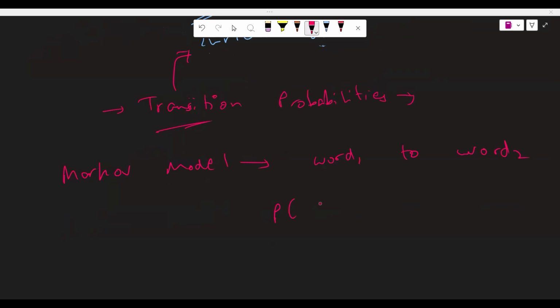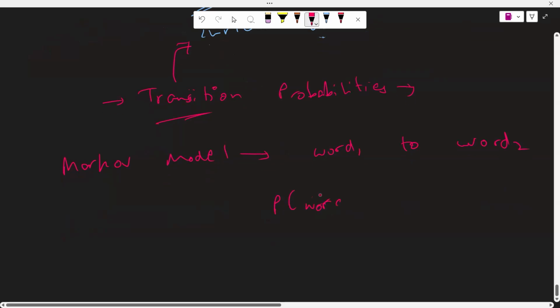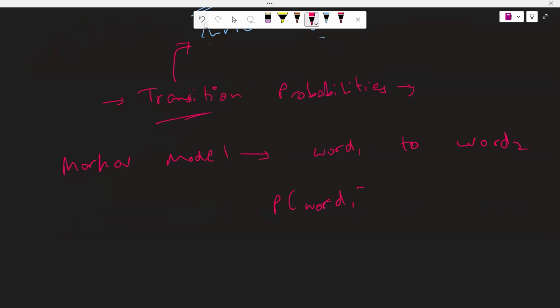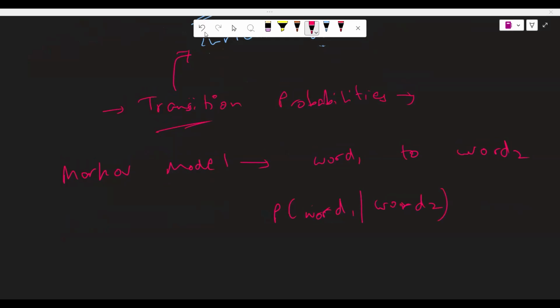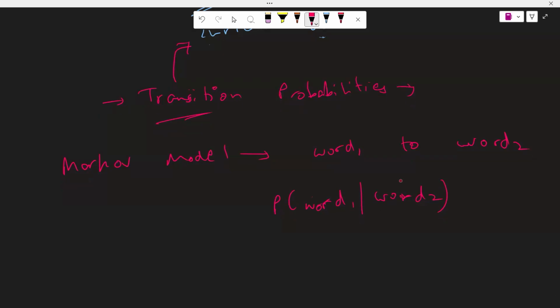Find out the transition probability for that. Sorry, what is the probability of going to word two from word one?